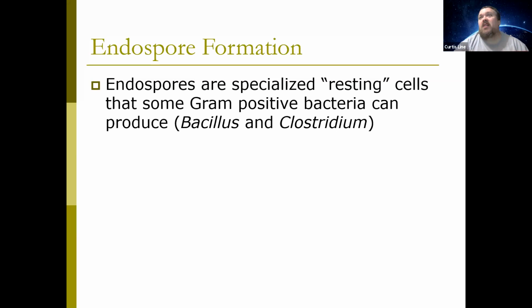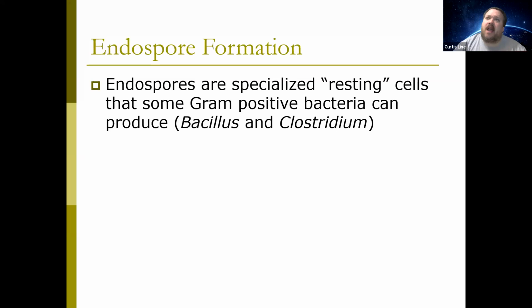Then we have Clostridium or Clostridial bacteria. Clostridium includes two significant diseases, tetanus and botulism. Another one, which we're not going to spend as much time on, but it's also a clostridial disease, is gangrene.